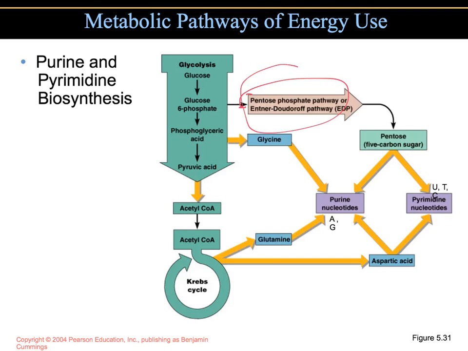And certain amino acids made from the intermediates in the Krebs cycle and glycolysis participate in the synthesis of purines and pyrimidines. The nitrogen atoms from the amino acids form the purine and the pyrimidine rings, and the energy for synthesis is provided by ATP.